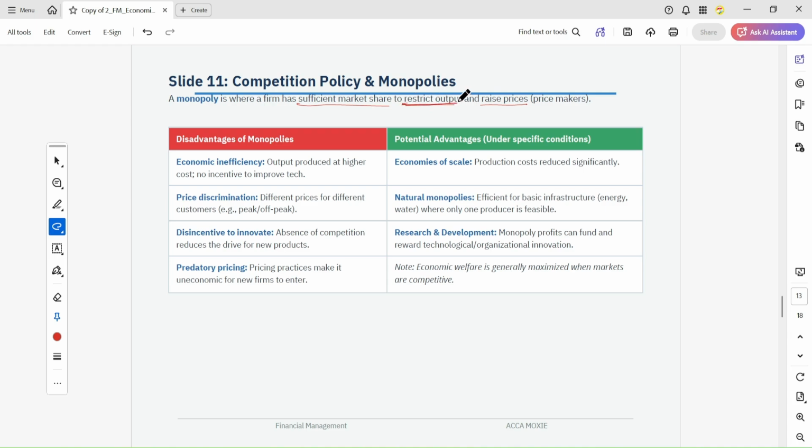You can produce whatever volume you want to produce, and you can even raise the prices because you are the only seller. If you can restrict the output and raise the prices, then that situation is called the monopoly situation.